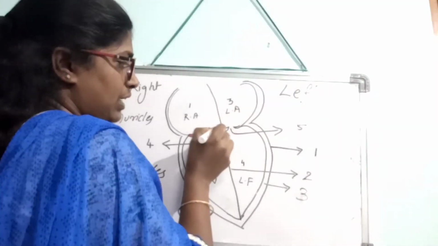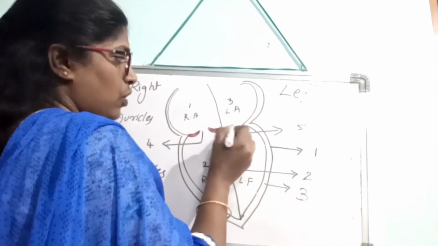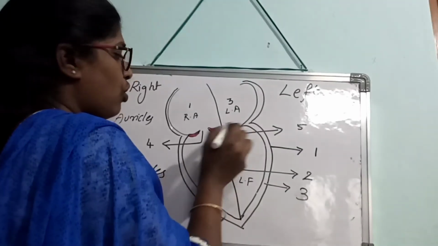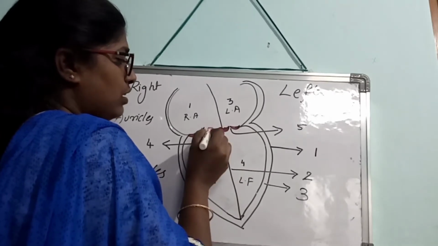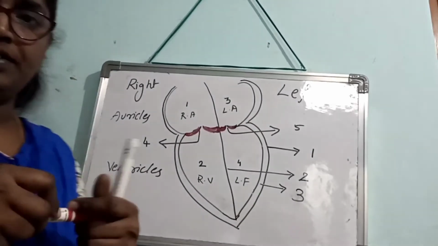They are guarded by valves. These valves help in opening and closing of auricles and ventricles. Is it clear, children? Yes.